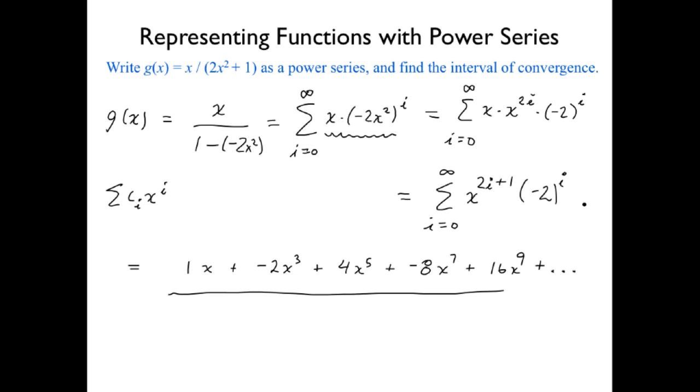So hopefully you didn't just copy down what I wrote, that you're able to do that. You should, by now, be able to do that. Let i equal 0, you get the first term. Let i equal 1, you get the second term, etc. And then you add them together.